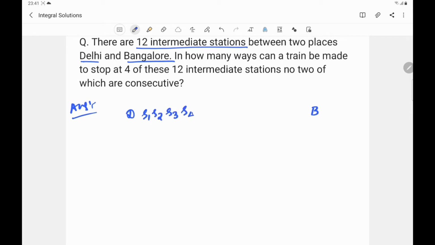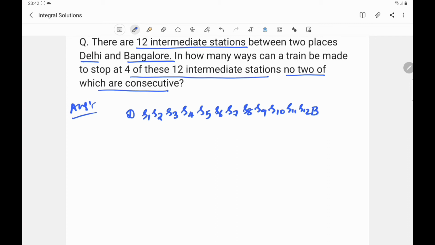Just for your understanding, I am writing all this one after another. In how many ways can a train be made to stop at 4 of these 12 intermediate stations, such that no 2 of which are consecutive?